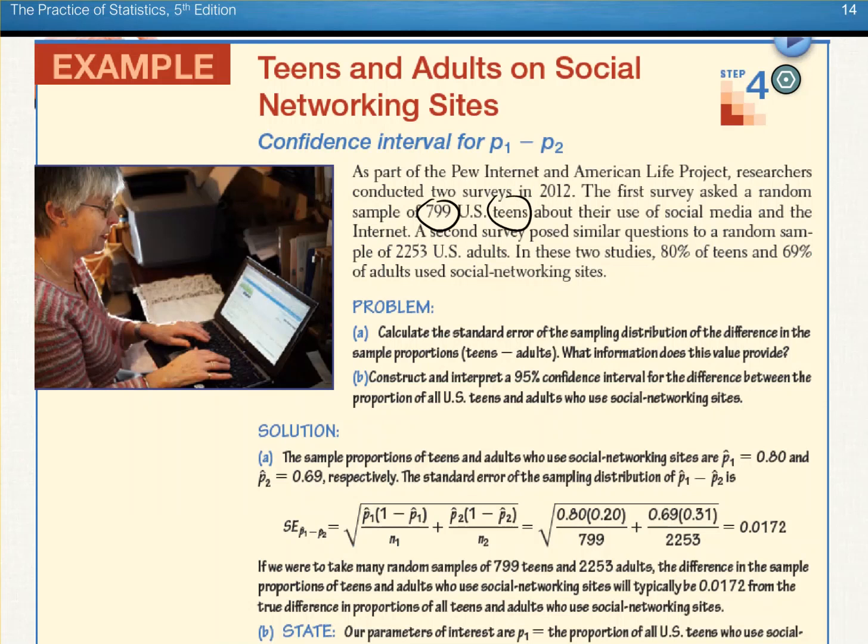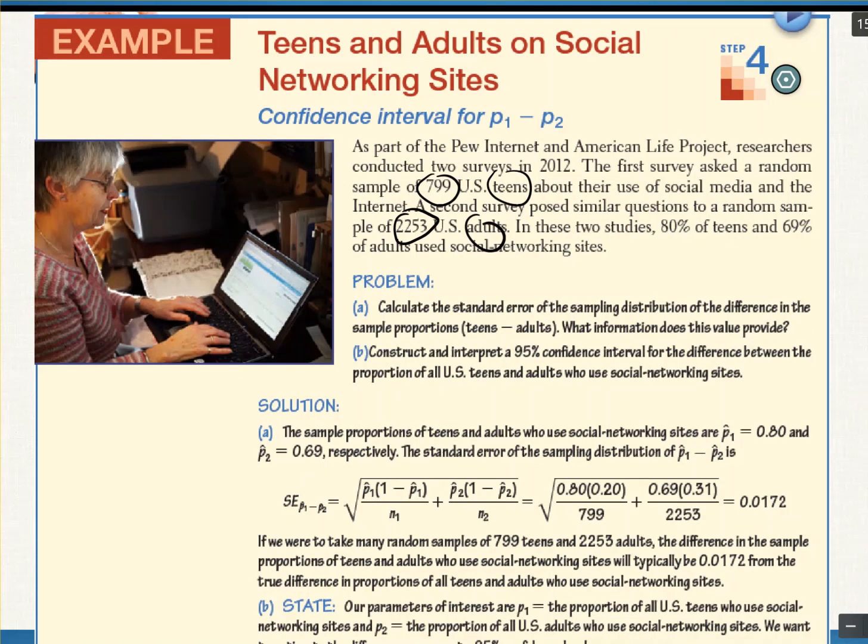The second survey posed similar questions to a random sample of 2253 U.S. adults. Sorry, hopefully you couldn't hear the baby in the background, but so we have that many teens, that many adults. In these two studies, 80% of teens and 69% of adults used social networking sites. So that's kind of the important stuff that we're using here.